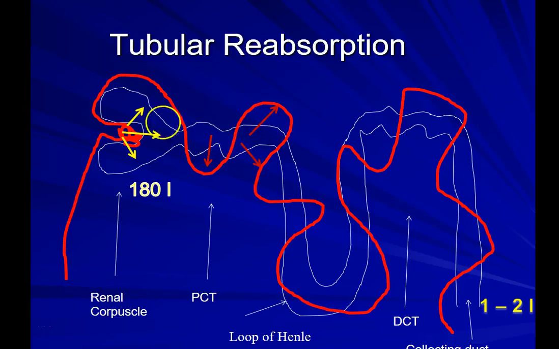Now, just as a side note, if someone is diabetic and has high blood sugar, only so much glucose can be moved back in the proximal convoluted tubule. If a person's glucose level is really high, there still ends up being glucose in the filtrate after it passes the proximal convoluted tubule.